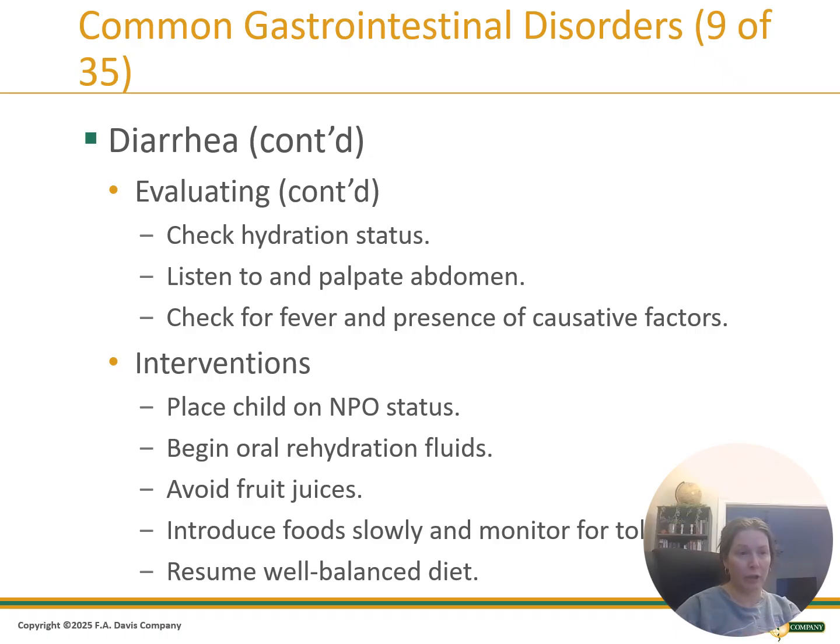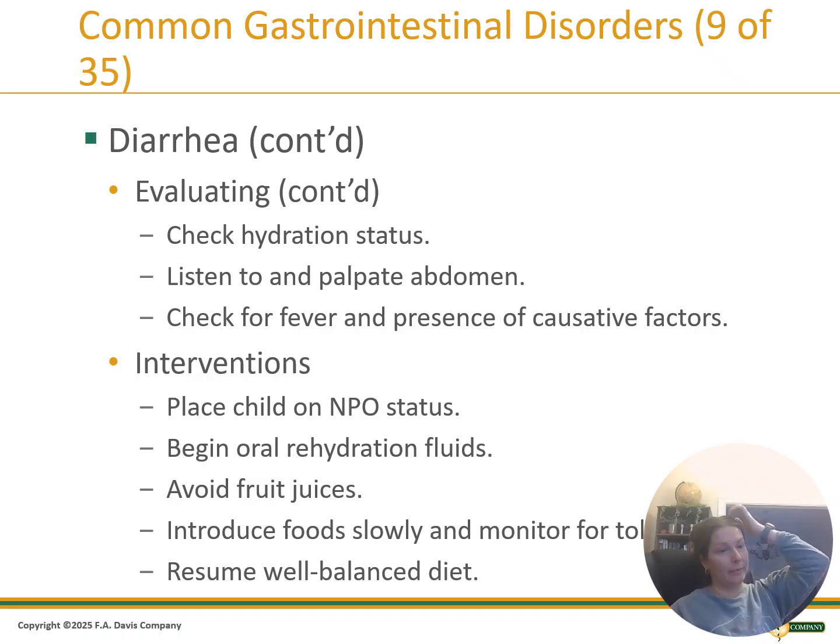So we want our nursing focus to support hydration and gut recovery. How we're going to do that is we're initially going to place the child in an NPO status if vomiting is present.